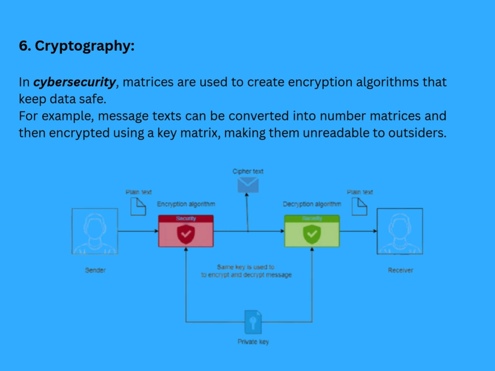The receiver has the decryption key. He decrypts the numbers using the decryption key, and after decrypting the numbers of those rows and columns, he gets the message "How are you?" In this way, matrix can be easily used in cybersecurity for the encryption and decryption system.